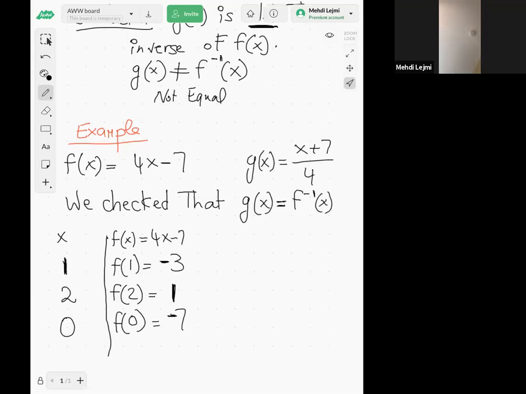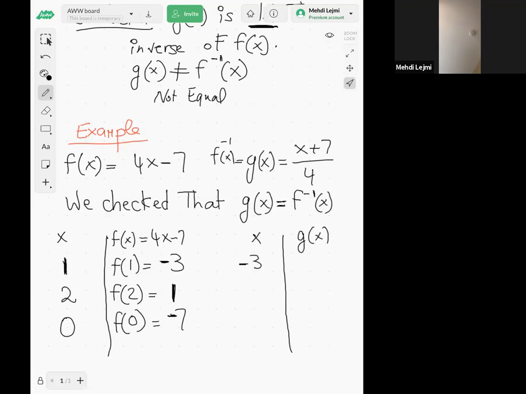Now, what's interesting about the inverse, this g here is supposed to be the inverse. So what I'm going to do is interchange the values of y and x. Let's say this is now g of x. Let's say x is negative 3.